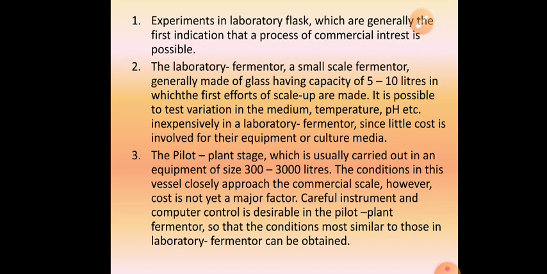You can bring about change in temperature, pH, and carry out studies to optimize the process. Optimize the temperature, optimize the pH, optimize the media components, and all this you can do in a lab fermenter inexpensively without too much expenditure.